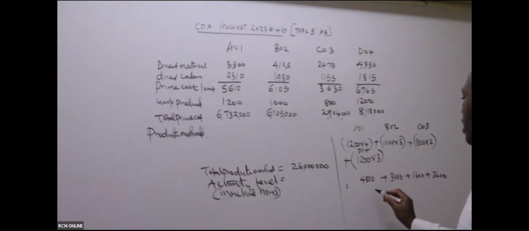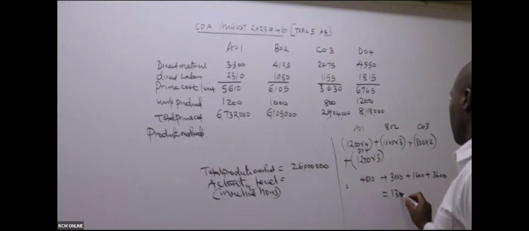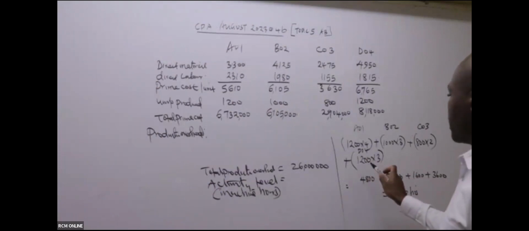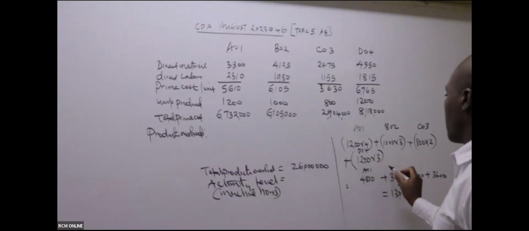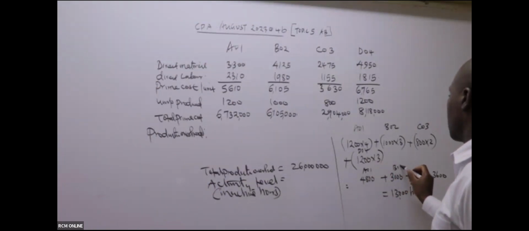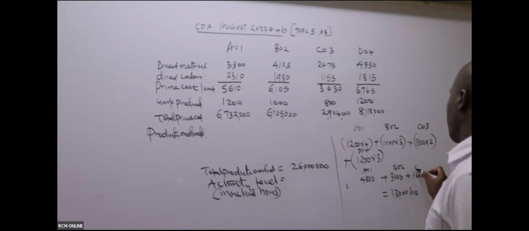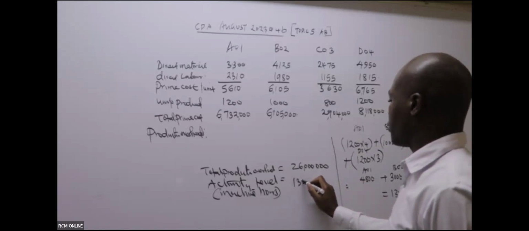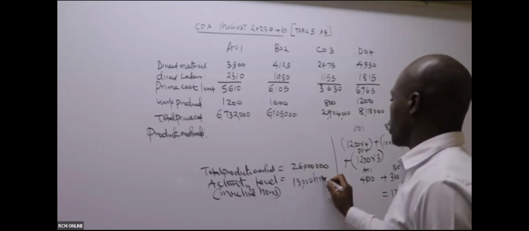So I'm told when you add everything here, you're getting 13,000 hours. Distribution for each product, that is A1, B2, C3, D4. So here we have 13,000 machine hours.